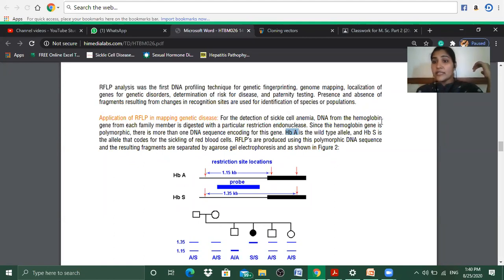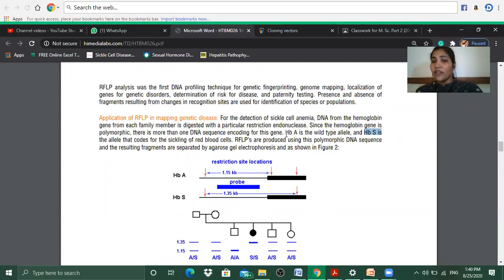But HbS is an allele which is defective in nature. It has a little bit of a difference from HbA, the wild type, but it is present at the same position as HbA on the chromosome, right?